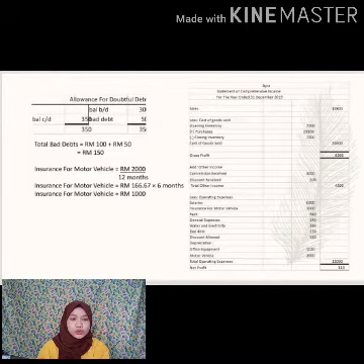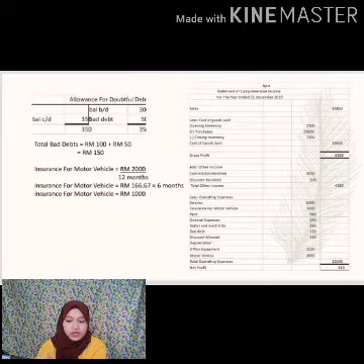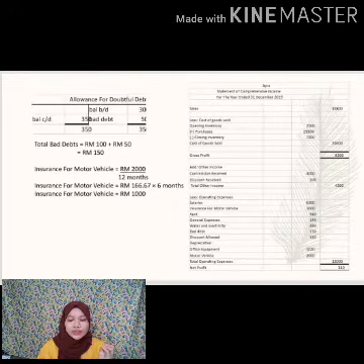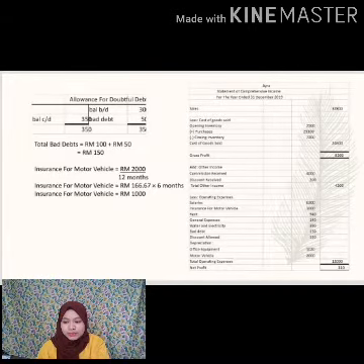We need to find the depreciation, so we will put here for motor vehicles the amount 2,000. So the total operating expenses we will get is 12,090. So the net profit is 310.